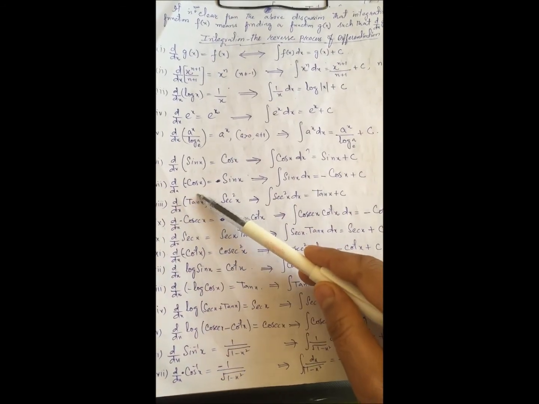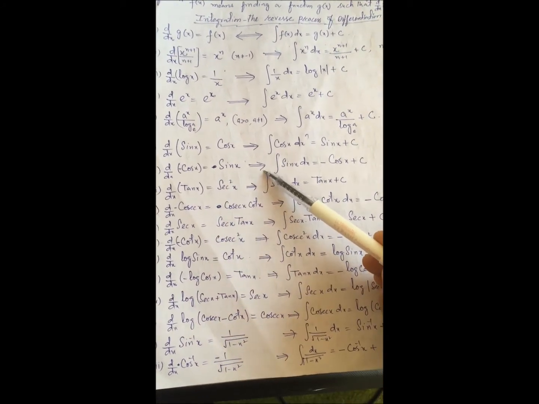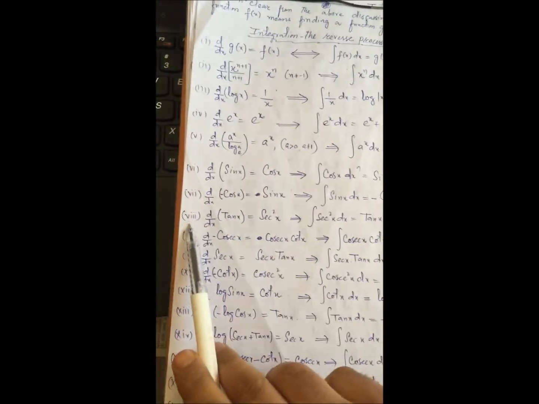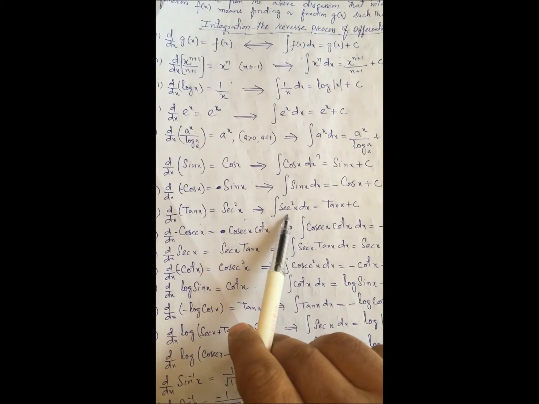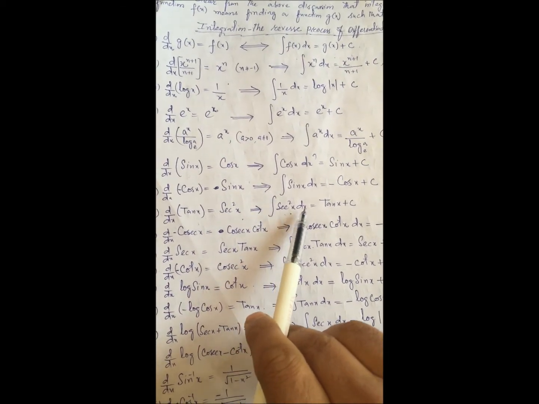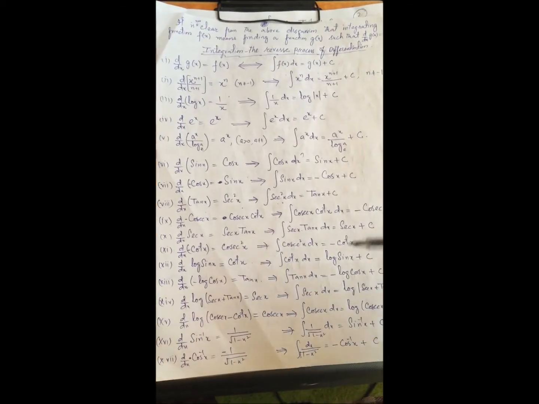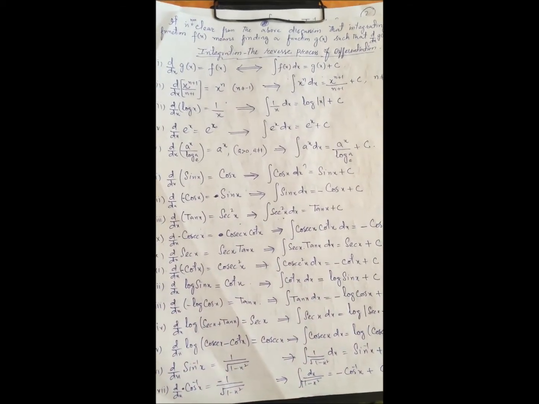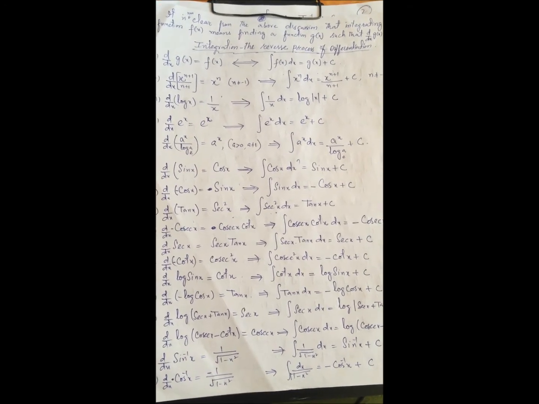And differentiation of minus cos x is sine x, so integration of sine x is equal to minus cos of x. And differentiation of tan x is sec square x, so we can conclude that integration of sec square x is tan x plus c. So this is the chart. You can go through it and conclude that integration is the reverse process of differentiation.